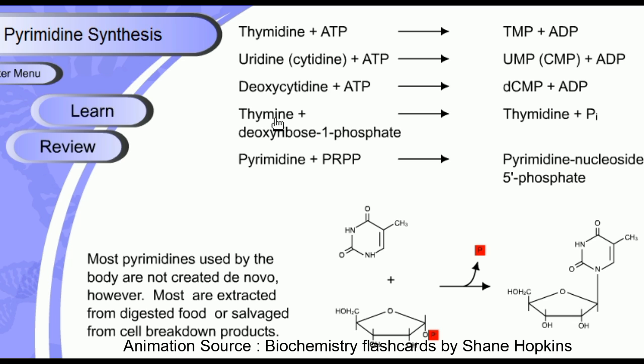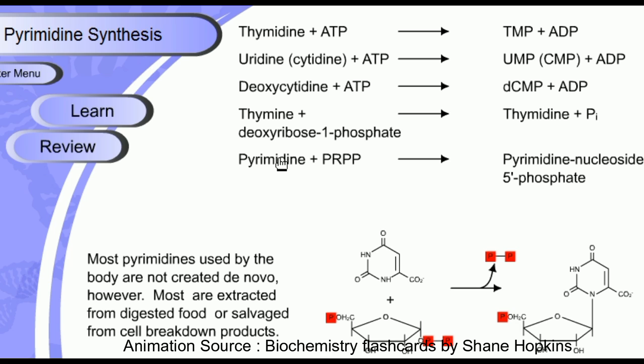Now for example, thymine can also be paired with deoxyribose 1-phosphate. And once we pair thymine with deoxyribose 1-phosphate, it releases a phosphate group out and it combines that sugar with thymine to form thymidine, which is a nucleoside, and then it will be converted into a nucleotide once we transfer more phosphate groups there. Now similarly, pyrimidine, if we tag it with PRPP, it can also produce pyrimidine nucleoside 5' phosphate.